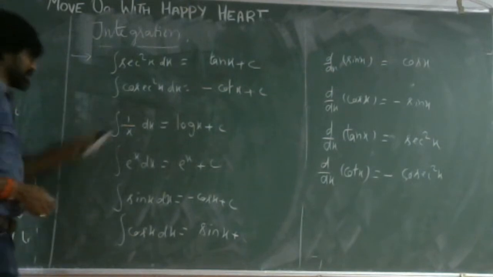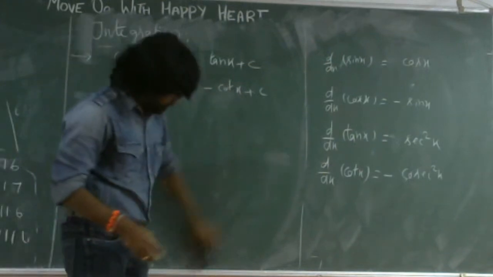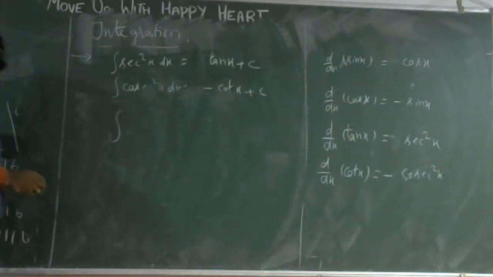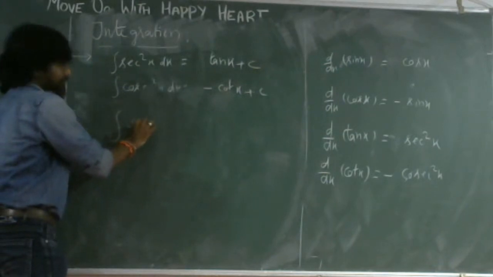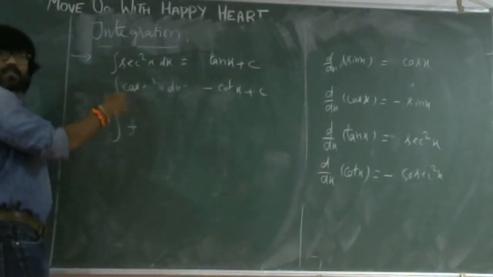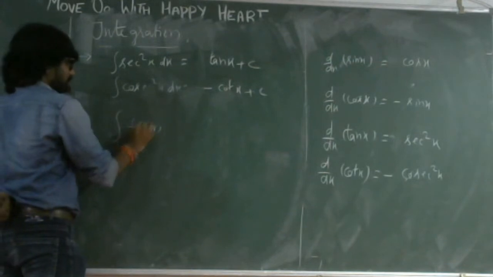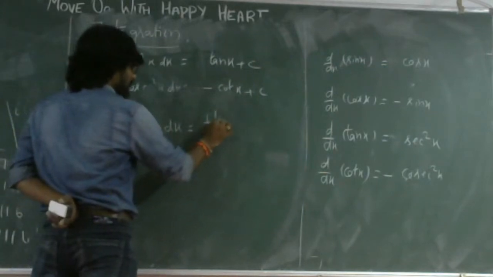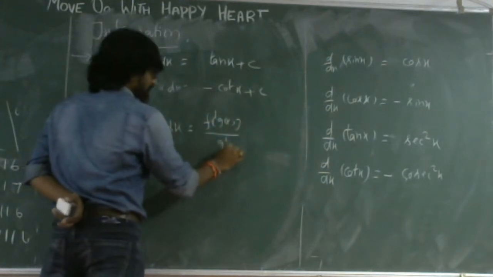Let us see how to express that. Let us say, with the general formula, the integral of f of g of x into dx: then I have to take f dash of g of x divided by g dash of x.